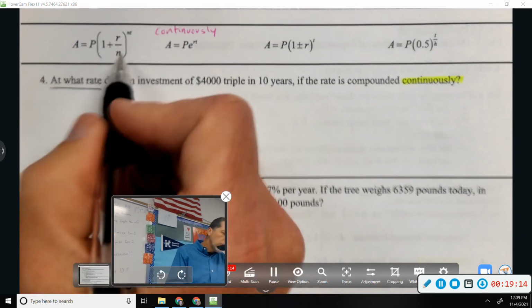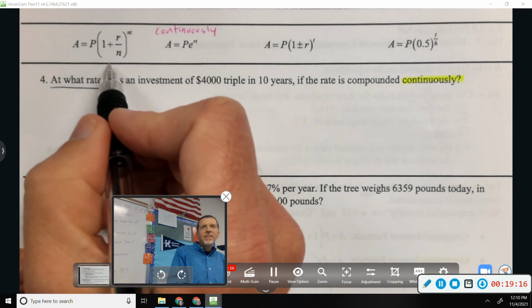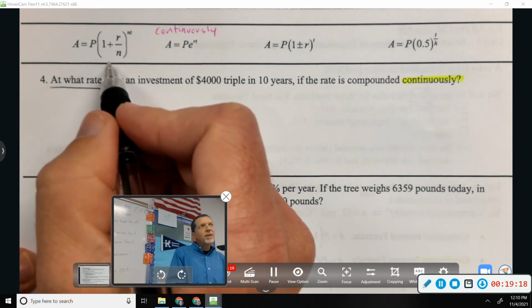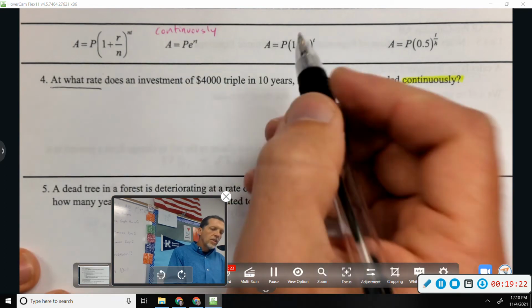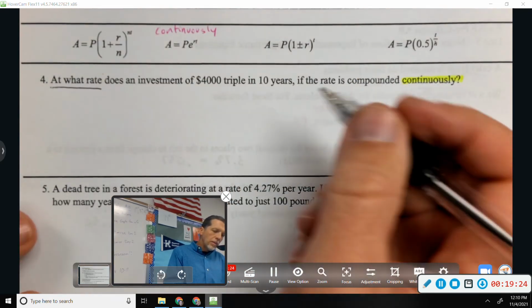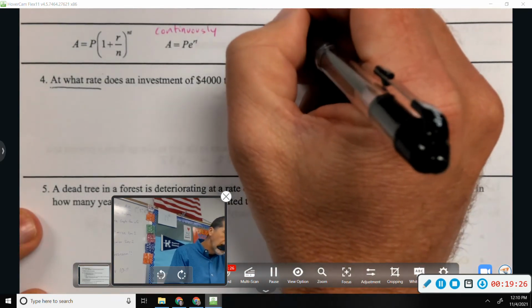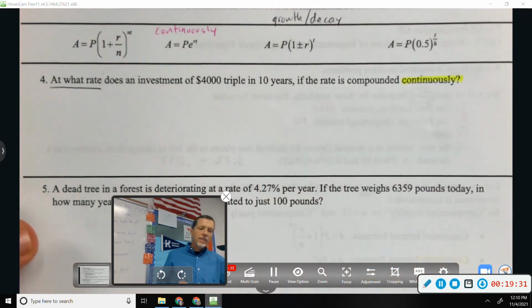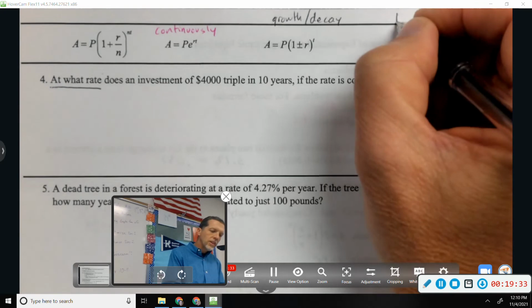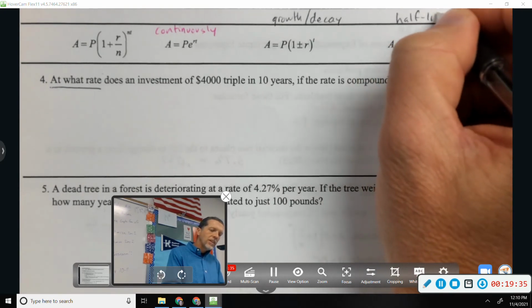So the first one is quarterly, monthly, yearly, every 6 months, weekly, daily. The third one is if it's growth or decay and it doesn't have monthly, weekly, daily stuff in there. And the last one's the easy one because there's a half sitting in there.